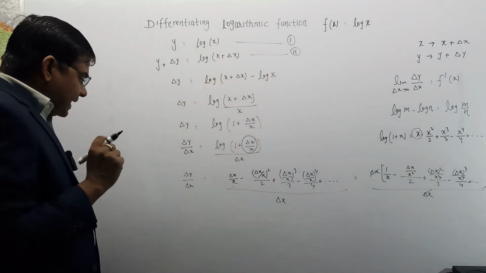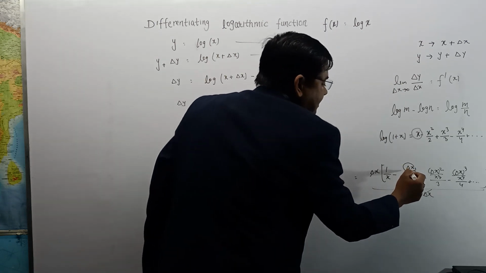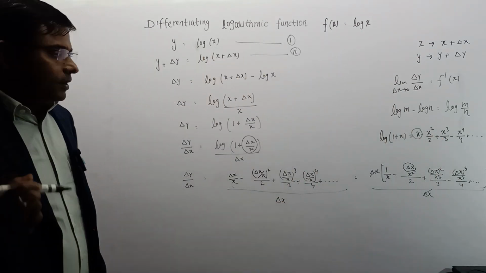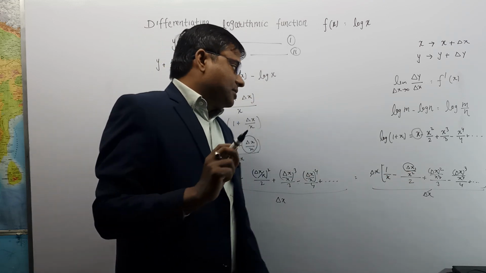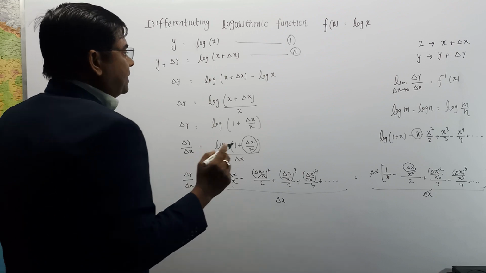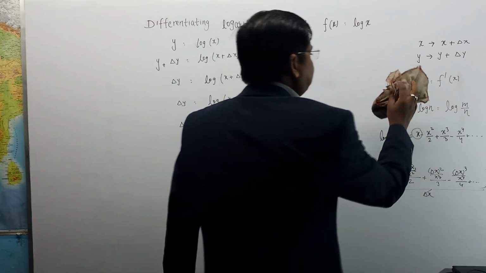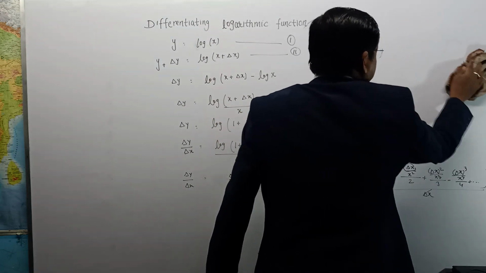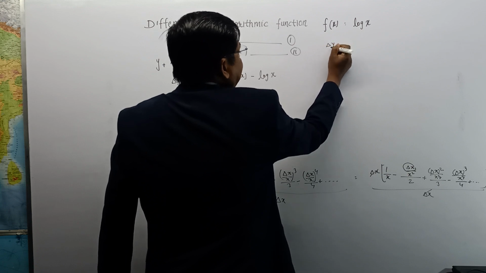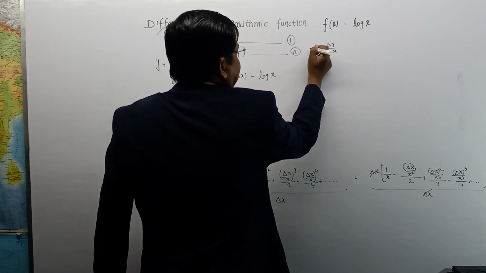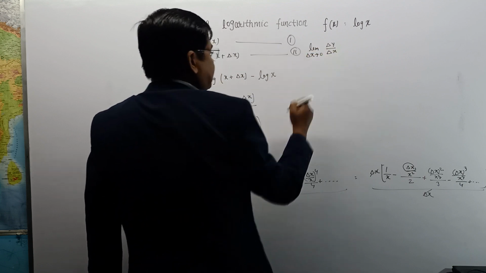So here we see that there is infinitesimal change in x and it is in ascending power. So as compared to x, delta x is negligible. So if we put the limit, we can write delta y over delta x limit delta x tends to 0.